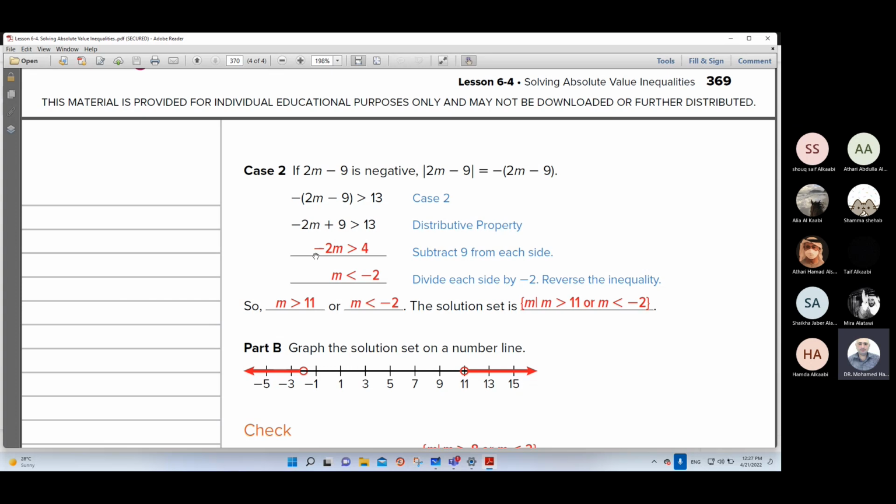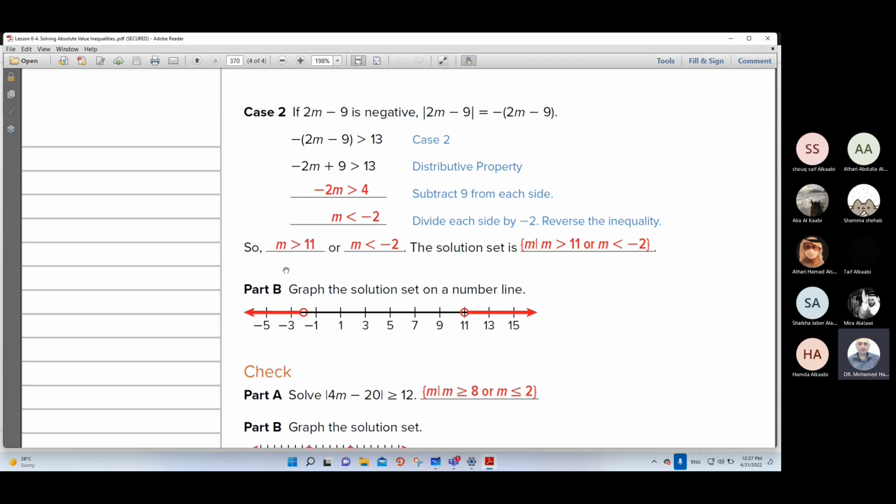Then we want to remove negative 2 to keep the variable unknown, so we can divide the two sides by negative 2. And always remember, when you divide or multiply the inequality by a negative number, switch the direction of the sign. So you will get m less than minus 2. So here we have two solutions: m greater than 11 or m less than minus 2.